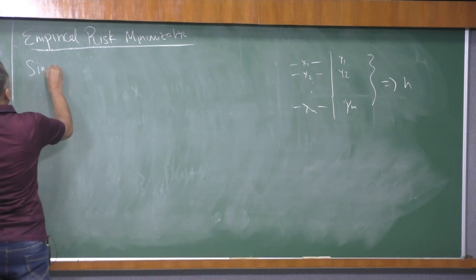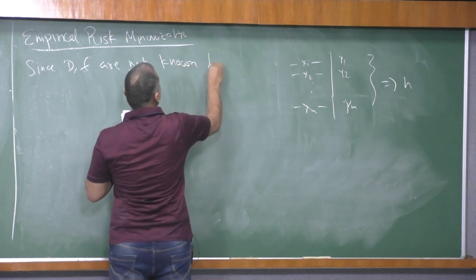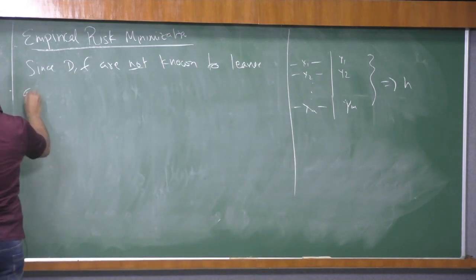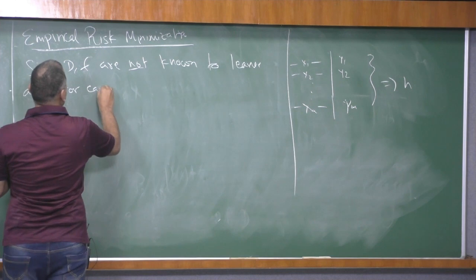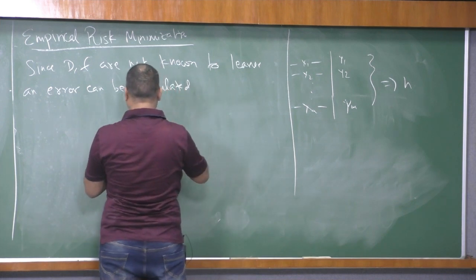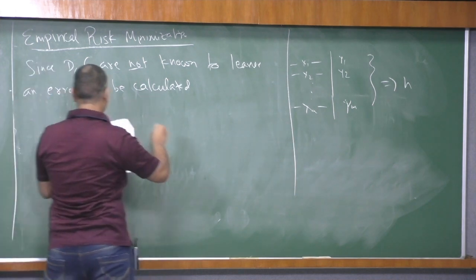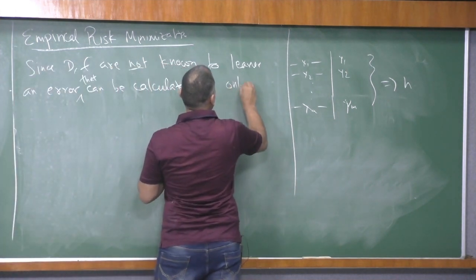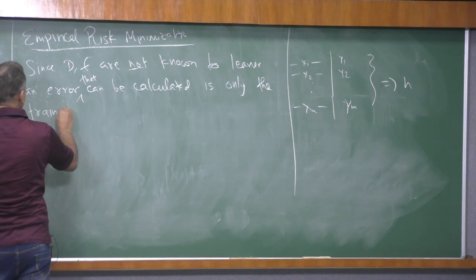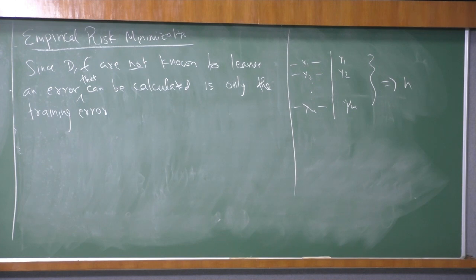The error that can be calculated is only the training error, because essentially those are the data that he has access to anyway, right?